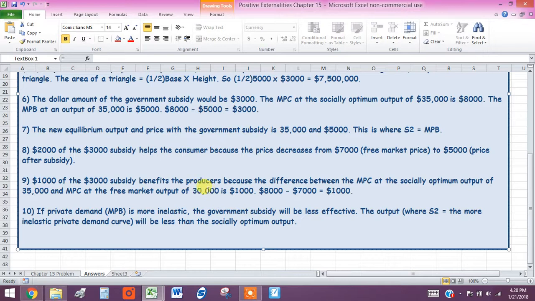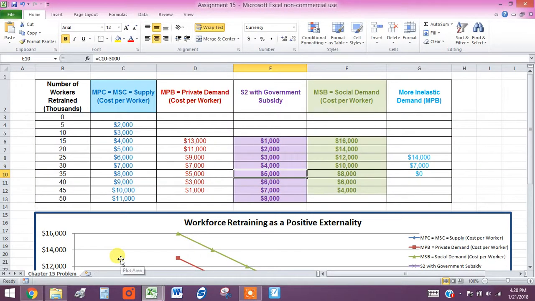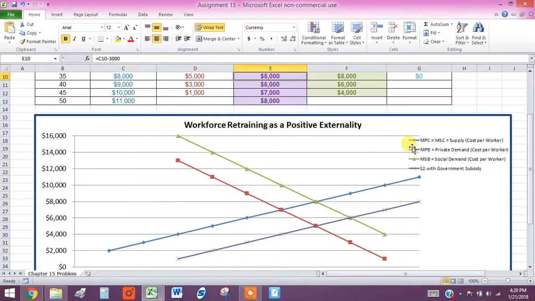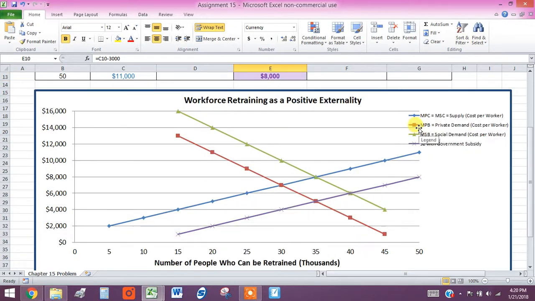So let's just look at our graph again so we can see that. Let's jump back over here, and we're talking about the blue curve here, the marginal private cost. At producing 30,000 it is 7,000, and to produce 35,000 it is 1,000 more.